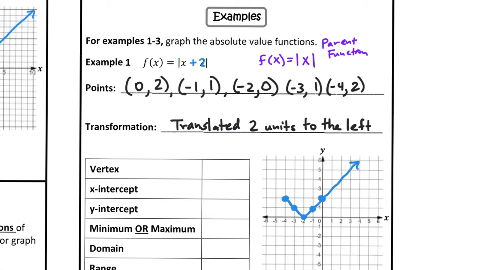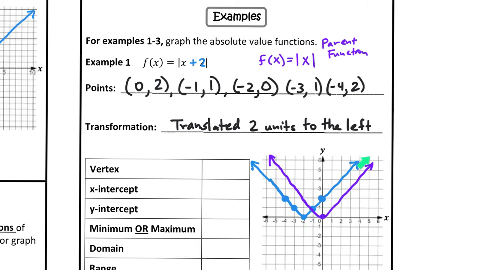It's still the V shape that we know. But now, what happened to that graph, right? Remember, the parent function used to be right here. So if I draw the parent function, I'll draw it and then I'll erase it. Oh, no, that's fine. I don't know why these came out kind of shaky. Okay.